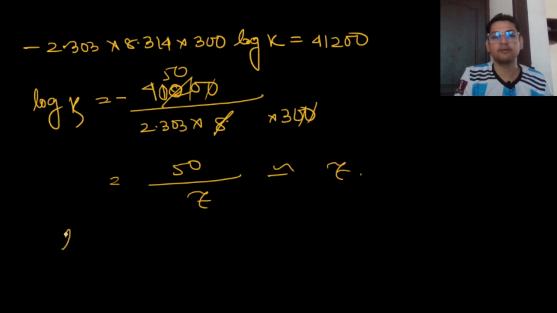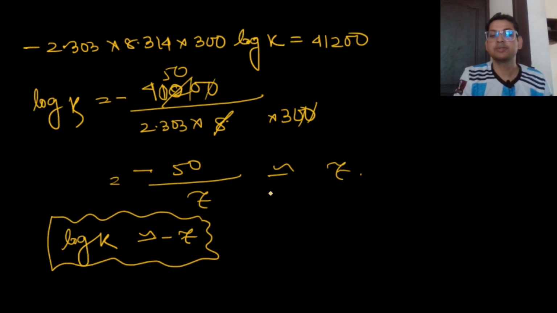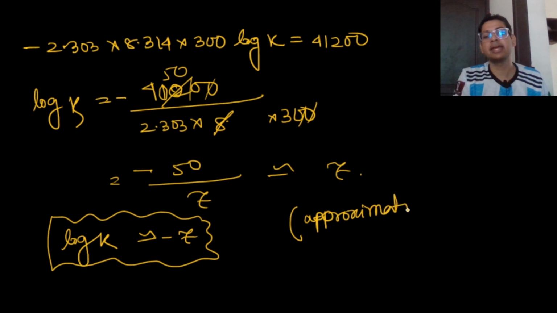Okay, so log K value is coming roughly around minus 7. That will be your answer. So you see how you have to do the approximation. You don't have to calculate the exact value, right? You can take the approximation.